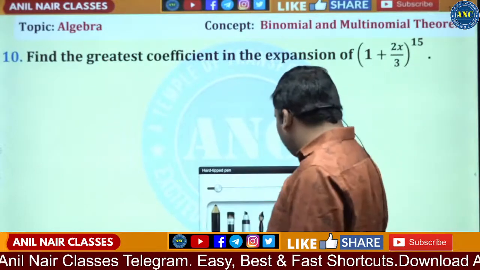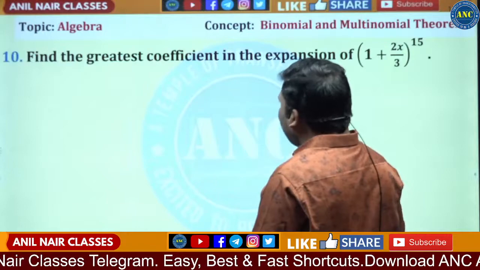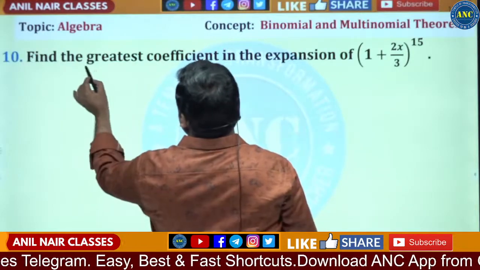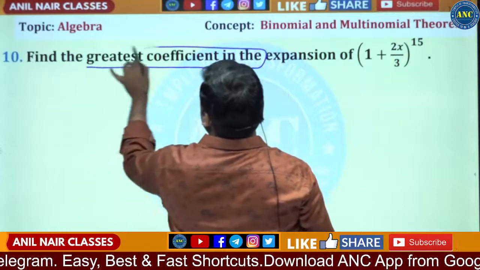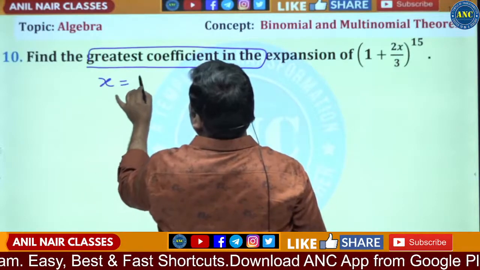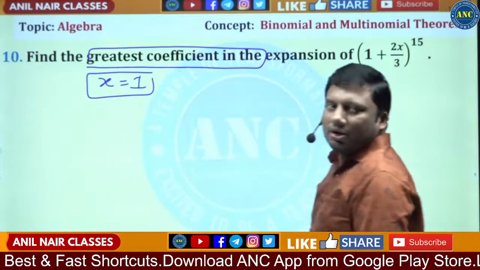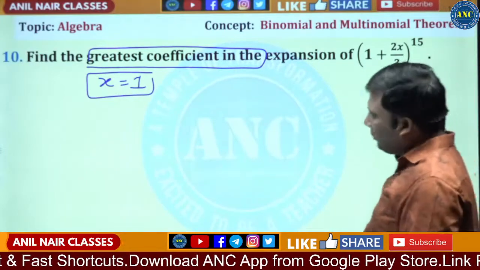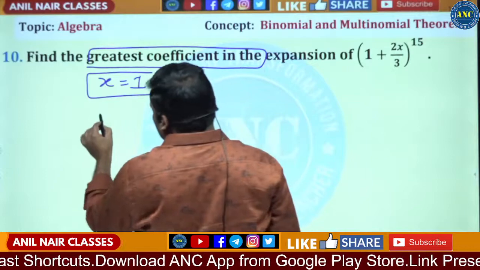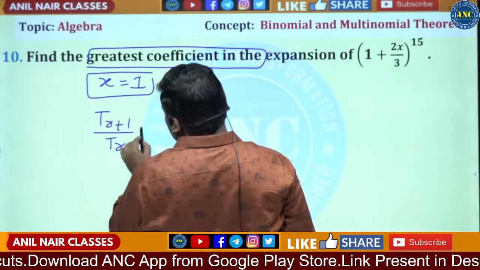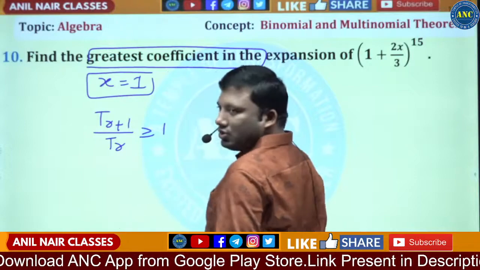Now I am sure you can solve this question orally. Find the greatest coefficient in the expansion. Greatest coefficient will happen when you put 1 for a variable. What is the concept? T(r+1) by T(r) is greater than or equivalent to 1.